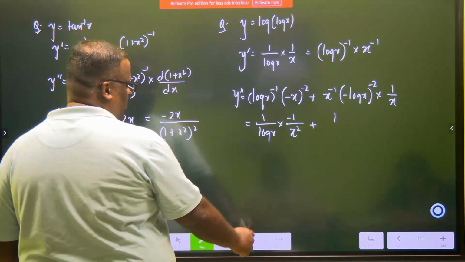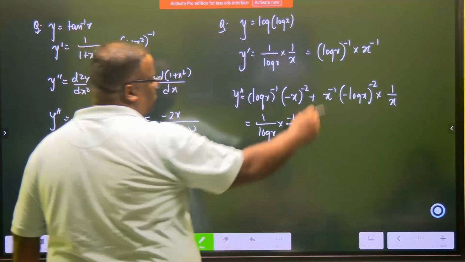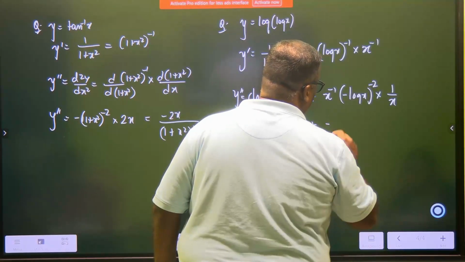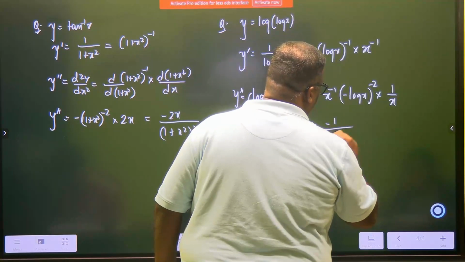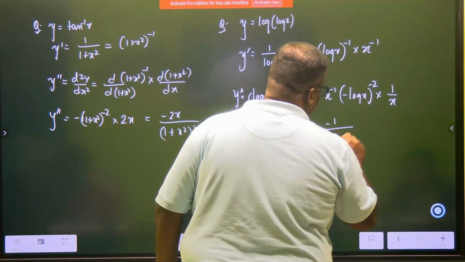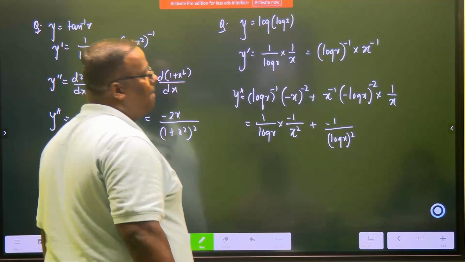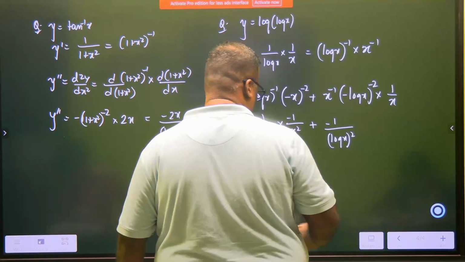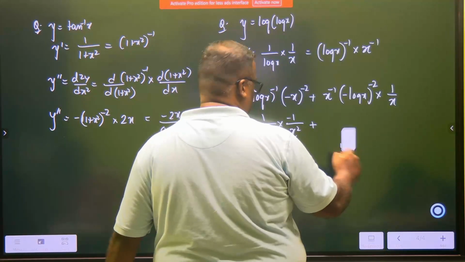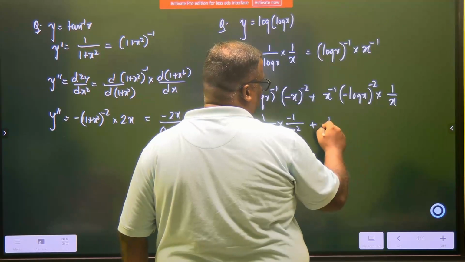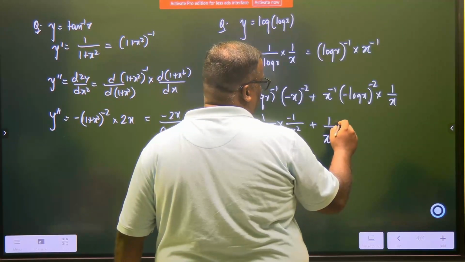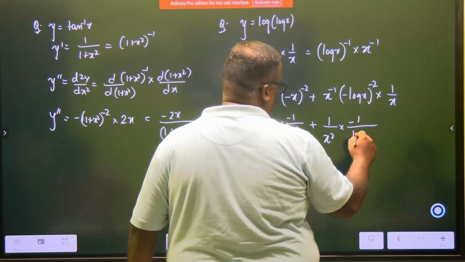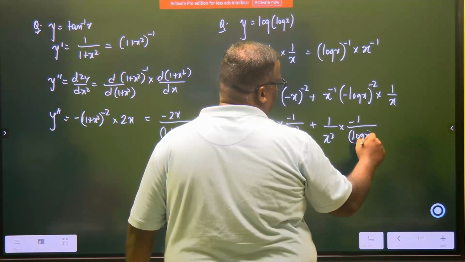So I have minus of 1 by log x. It's multiplied. Yes, it's multiplied. So it will be 1 by x square, right, into negative 1 by log x whole square.